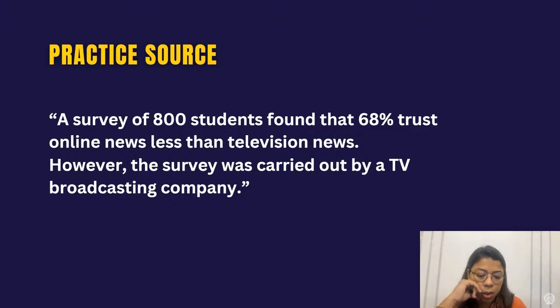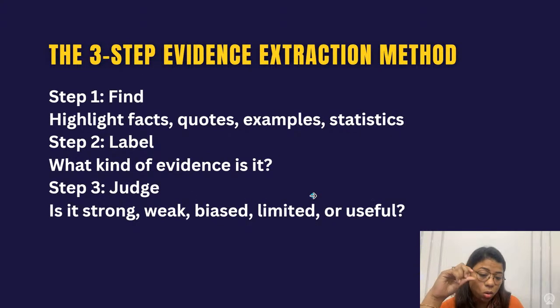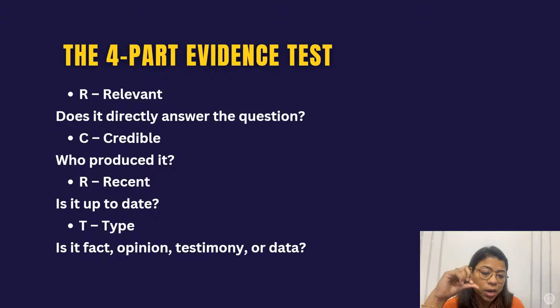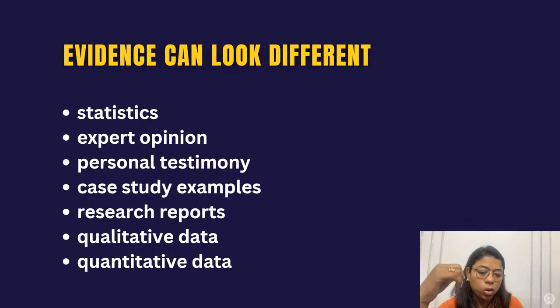A survey of 800 students found that 68% trust online news less than television news. However, the survey was carried out by a TV broadcasting company. Now, one strength, one weakness. Come on, I have already talked about this. First thing, you will annotate what evidence can look like: statistics, expert opinion, personal testimony, case study example, research reports, qualitative data, quantitative data.